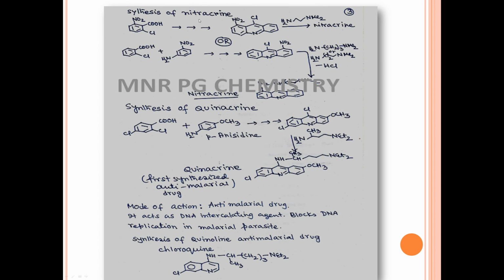Now a similar molecule is there, that is nitrocrine. Nitrocrine means your final compound contains one nitro group. This is also a tri-substituted molecule as a starting compound, but three consecutive carbons of the benzene ring are substituted.